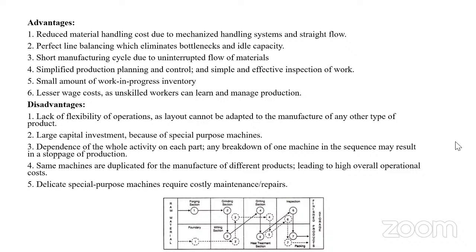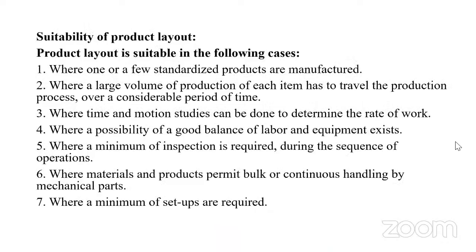This is the major drawback according to me. Same machines are duplicated for the manufacturing of different products, leading to high overall operation costs. Delicate special purpose machines require costly maintenance and repair.